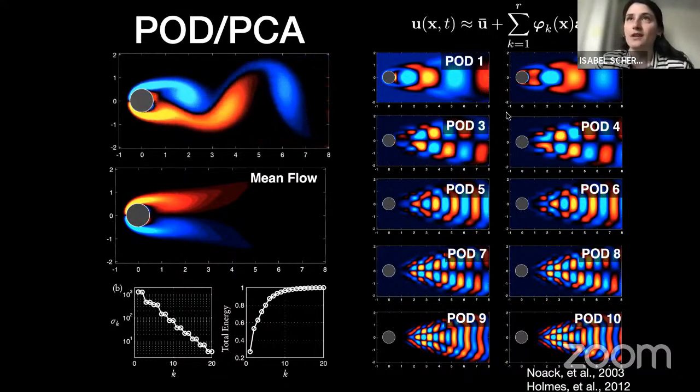So they're sort of matching. And if you add them all back up, you get the resultant original flow field. This is a really efficient way to represent our data, and it's really the first way that people tend to do pattern recognition in their data.